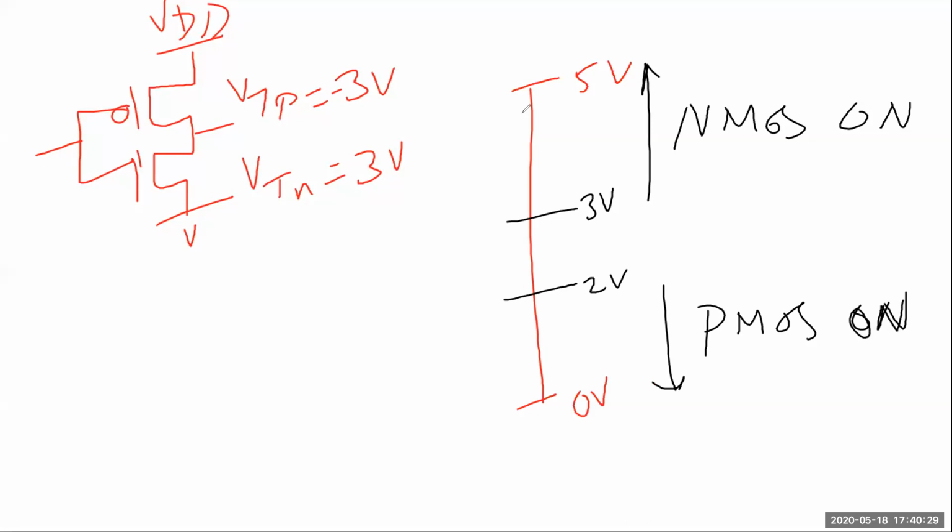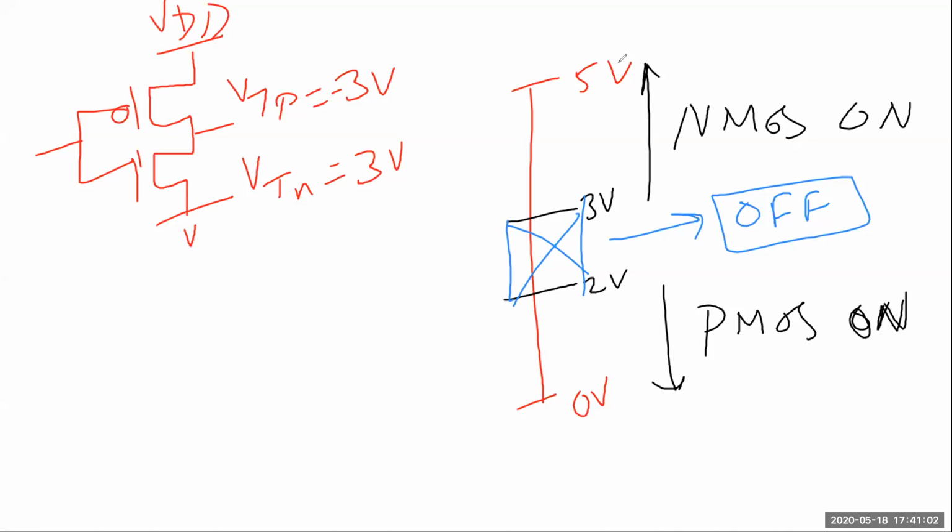So what about this particular region? In this case, NMOS and PMOS both are off. Now from the power perspective, when PMOS is on, then NMOS is off, and when NMOS is on, then PMOS is off.